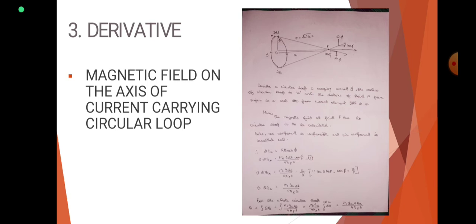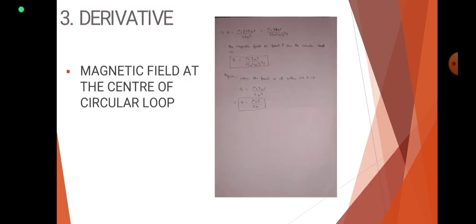Now moving on to the next part, we get B equals mu naught I 2 pi a squared by 4 pi r cube, which implies mu naught I a squared by 2 times a squared plus x squared to the power 3 by 2. Here, putting the value of r, we get this equation.